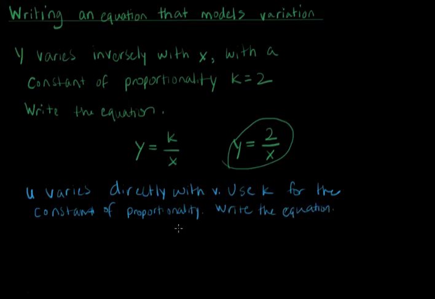Okay, so it says U varies directly with V. So that means that U is on the left-hand side of the equation. Direct variation is just K times the other thing, which in this case is V. And it just says to use K for the constant of proportionality, so we would be done. Okay, let's do one more example.